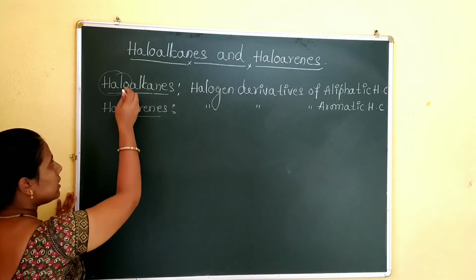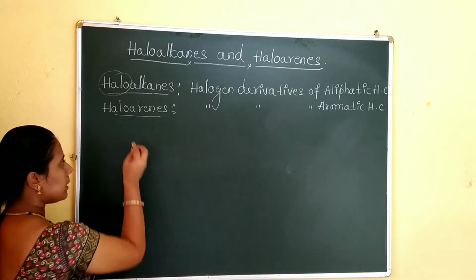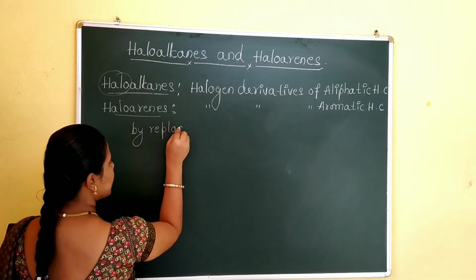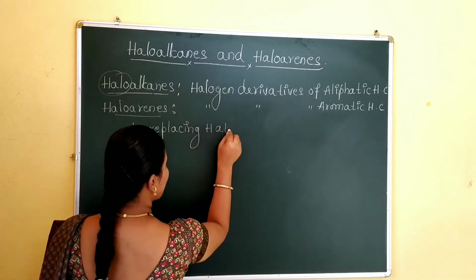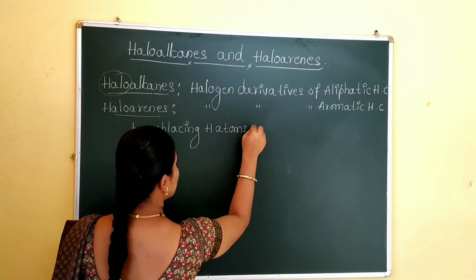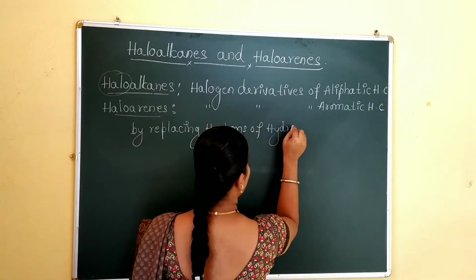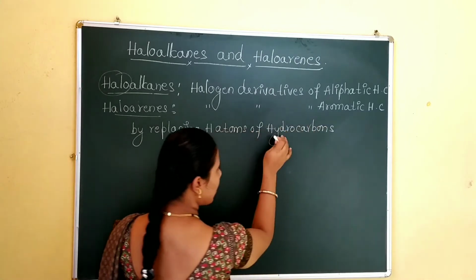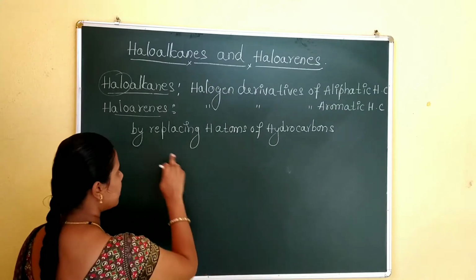See here, these haloalkanes and haloarenes are obtained by replacing hydrogen atoms of hydrocarbons. They may be aliphatic hydrocarbons or aromatic hydrocarbons.